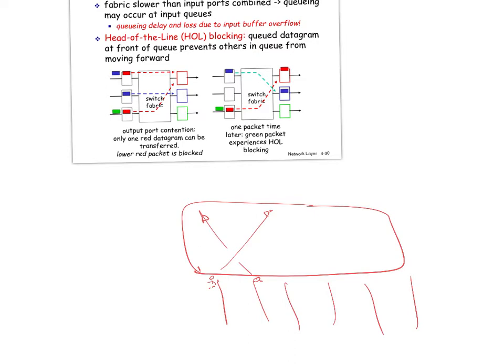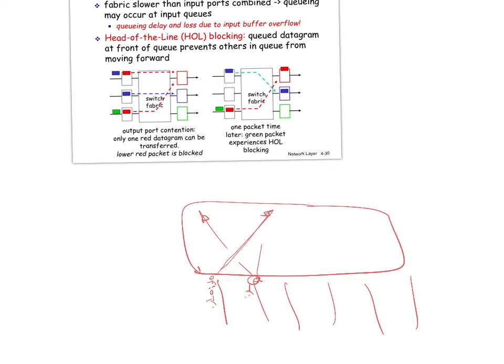That mimics the input port to output port. Now imagine a person here needs to go to the teller, and another person here needs to go to the same teller. In that case, that person cannot just go, because the teller is busy.